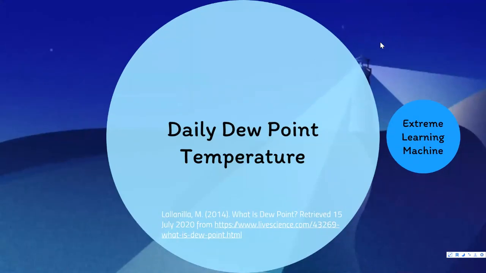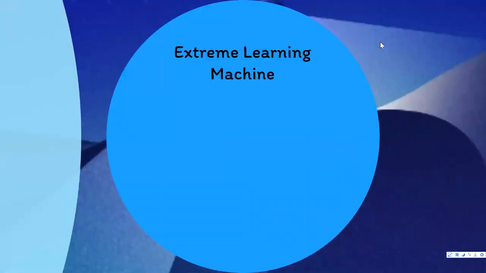The second point is daily dew point temperature. Daily dew point temperature is the temperature at which the gaseous state of water, which is water vapor, is saturated in the air. This is important in identifying predicted weather phenomena. There is only one algorithm involved in this situation, which is extreme learning machine.